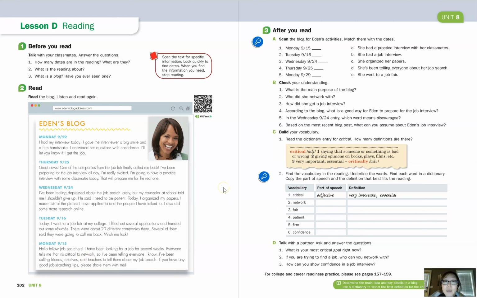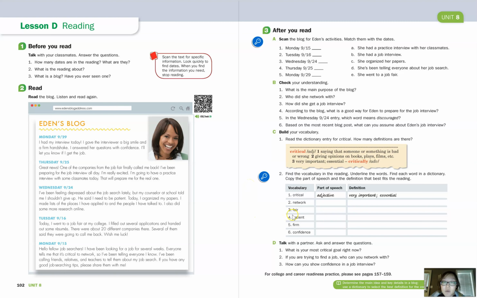Network can also be a noun, as you know. So a network is like a web, and that's also kind of where we get the word internet from. It's a web. So a network can be a noun, but in this case, we must write verb. And the definition is to connect with other people, especially in your job field.